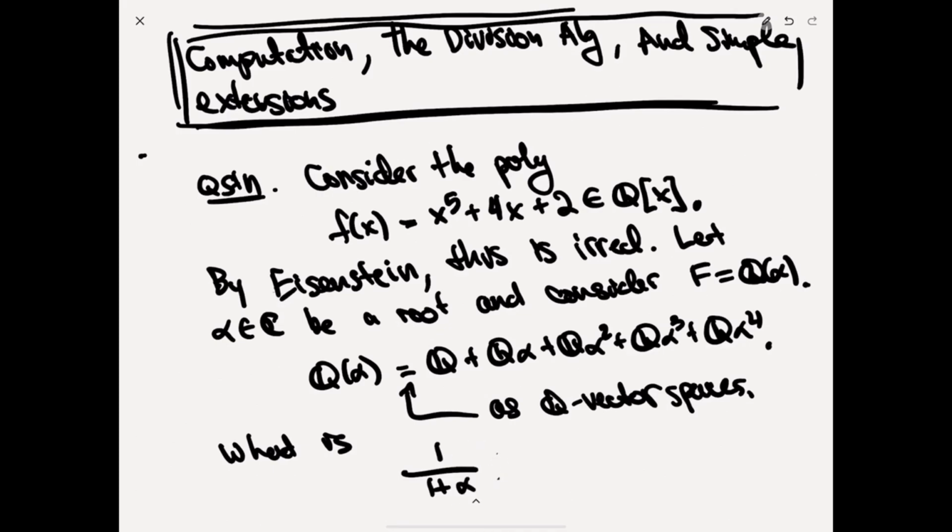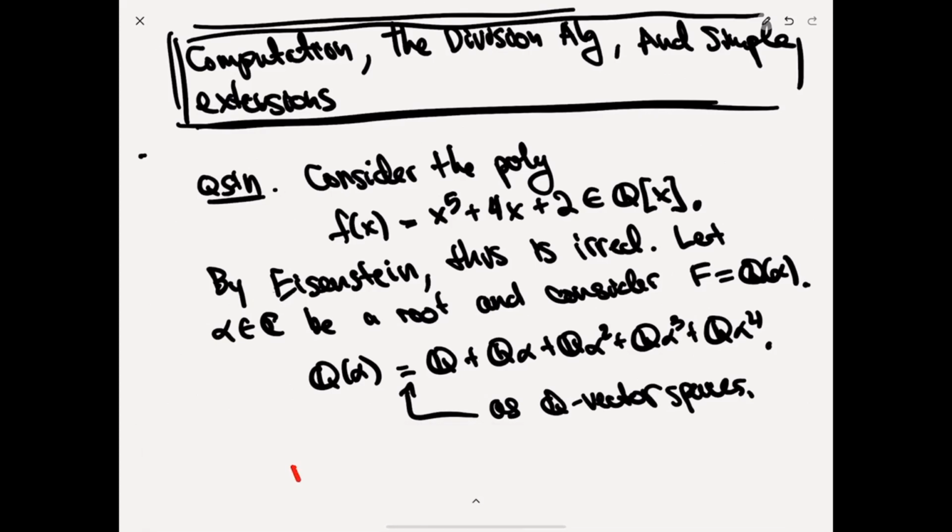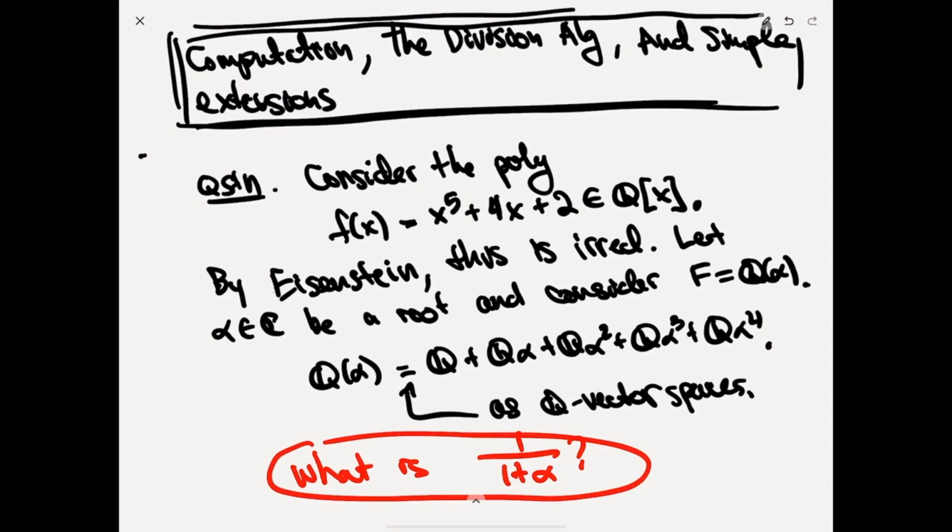Let me write it in red. So what is 1 over 1 plus alpha here? It should be an element with Q coefficients, but we need to somehow separate it. So what could we try?